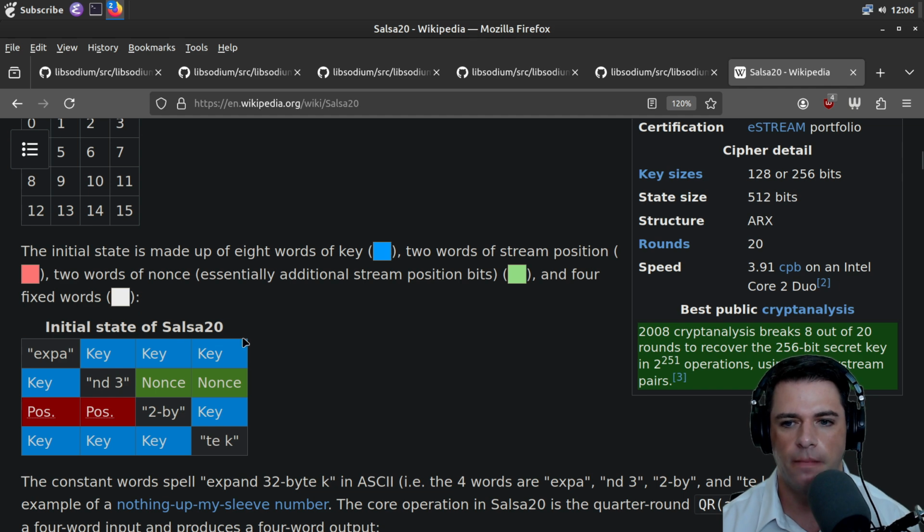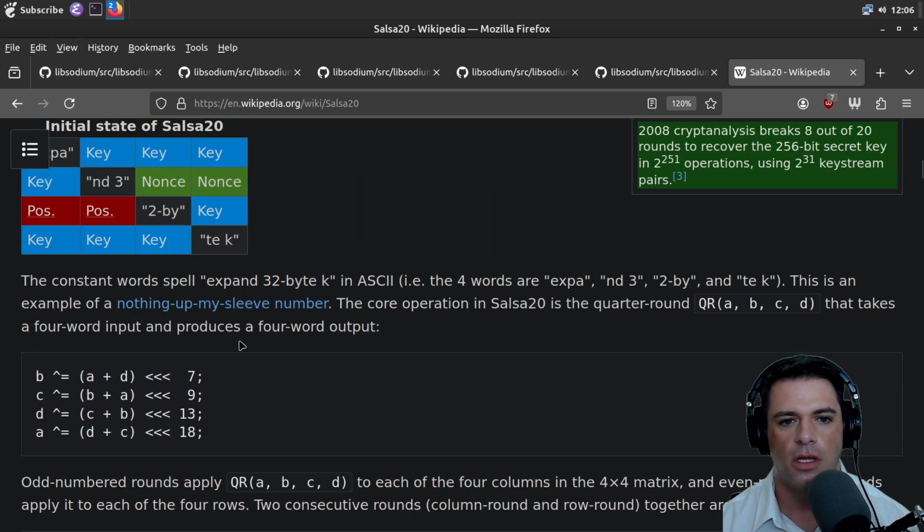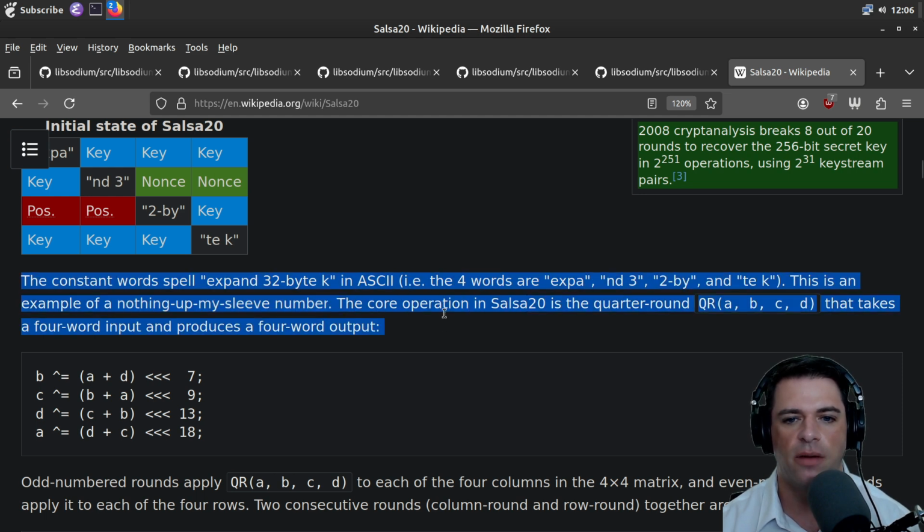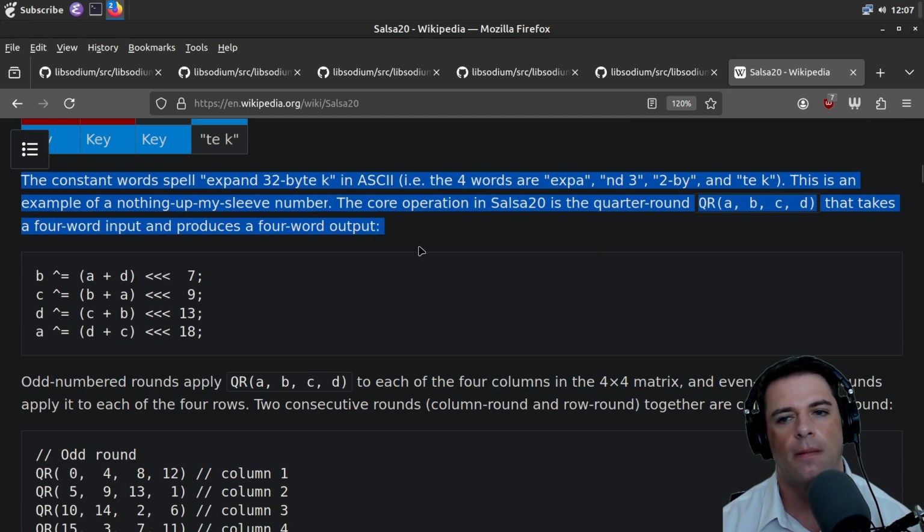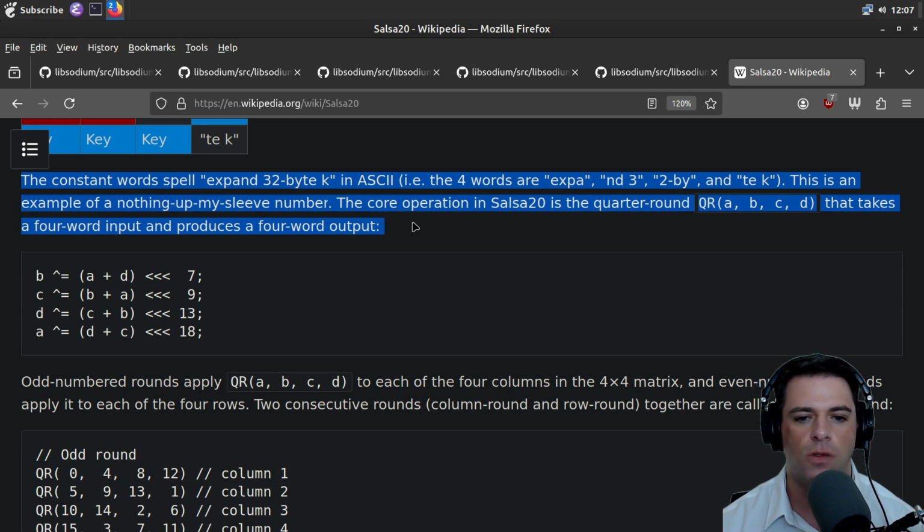The key is blue, the nonce is green, and the stream position is red. The constant words spell "expand 32-byte k" in ASCII. This is an example of a nothing-up-my-sleeve number. Okay, so the numbers are not pre-cooked up by the spooks to add a backdoor.